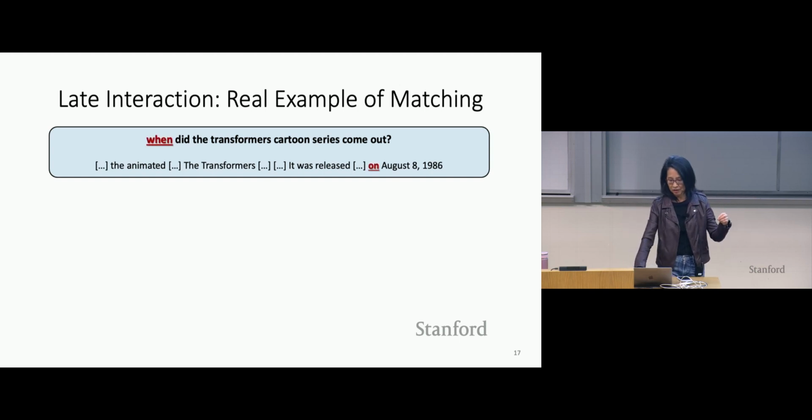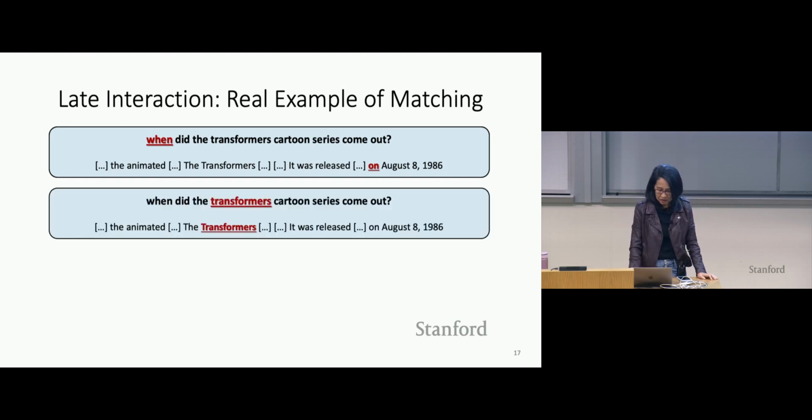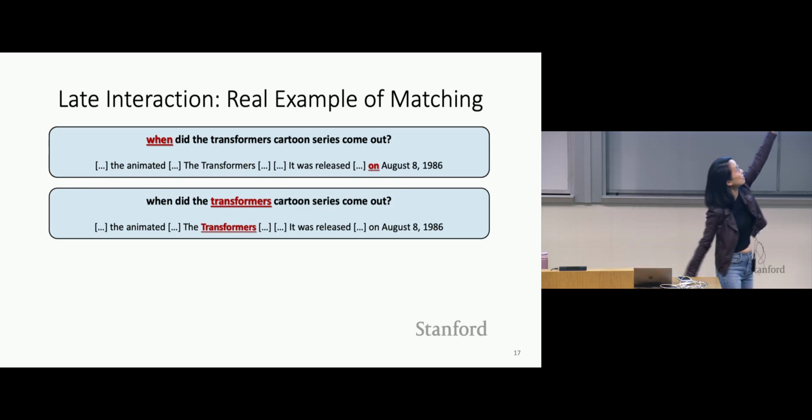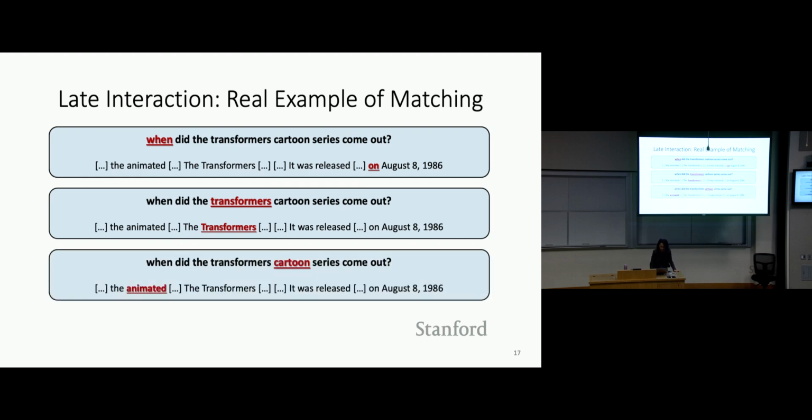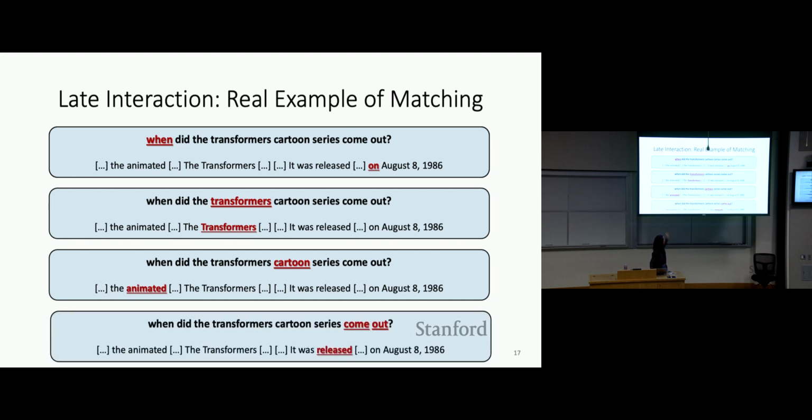So if you look at the query, it has various parts. For example, the when part is going to match with the on part of that document. And then when you get to the transformers, it is matching the transformers. And when you talk about the cartoon series, it matches the part that has the word animated. And when it's come out, it is released.